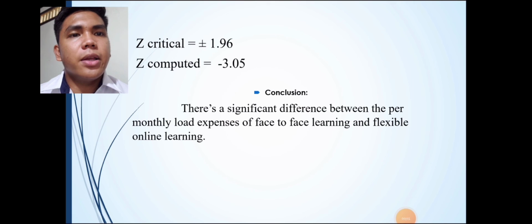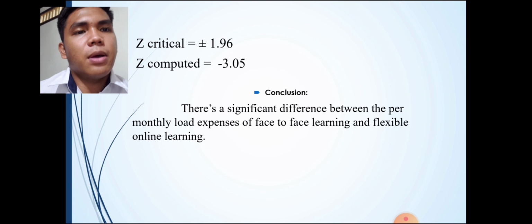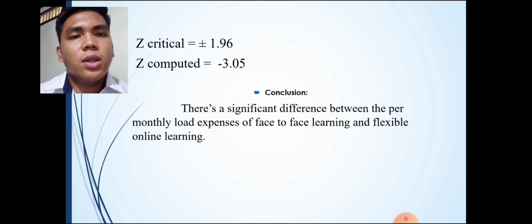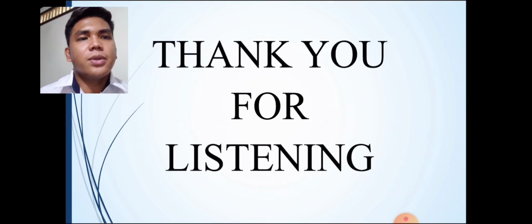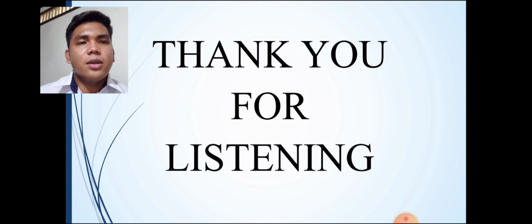Z critical equals to 1.96. Z computed equals to negative 3.05. Our conclusion is there is a significant difference between the per monthly load expenses of face-to-face learning and flexible online learning. So that's all, Ma'am Aragon. Thank you.